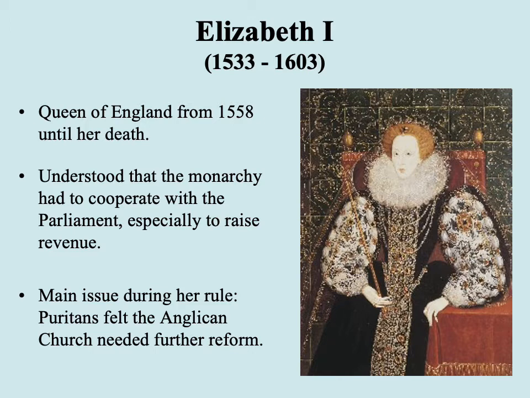So for instance, if the monarch wanted to issue new taxes or raise existing taxes, she needed the approval of the parliament. Kind of the idea that they were responsible for the purse. And again, this is kind of an informal arrangement, right? There's nothing resembling a constitution designating who has which authorities, which responsibilities.